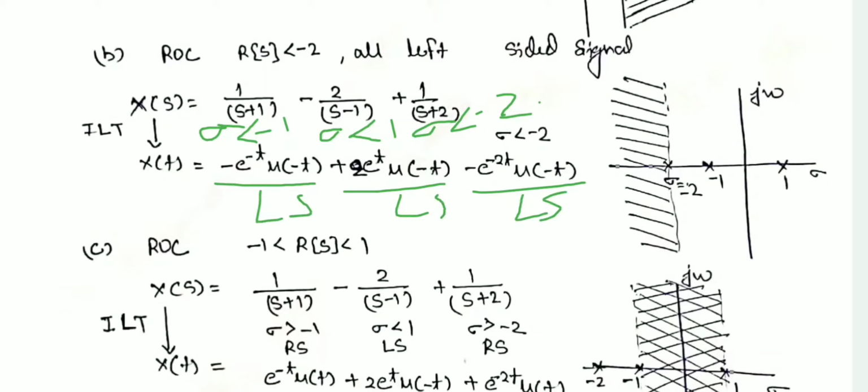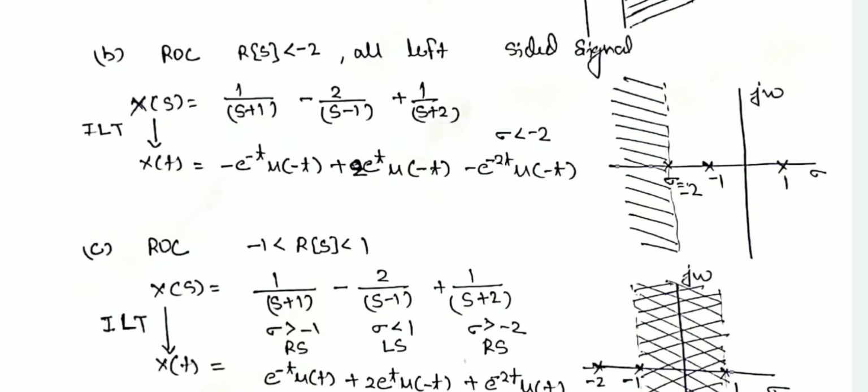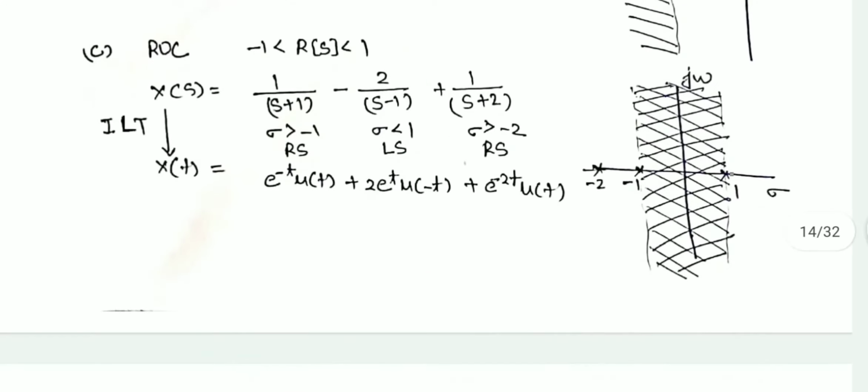Now in the third case, the ROC given is a common strip, in between minus 1 and 1.